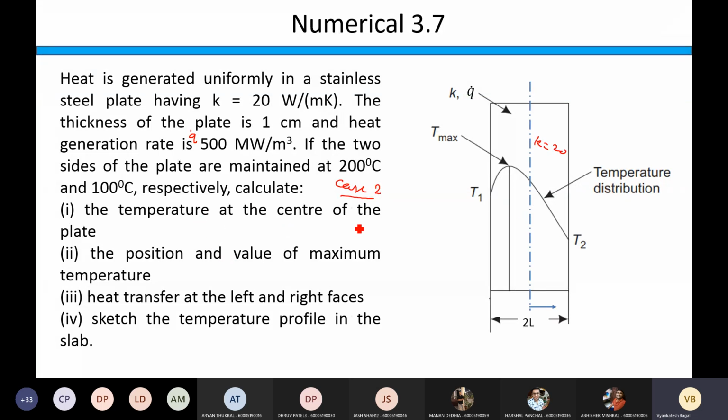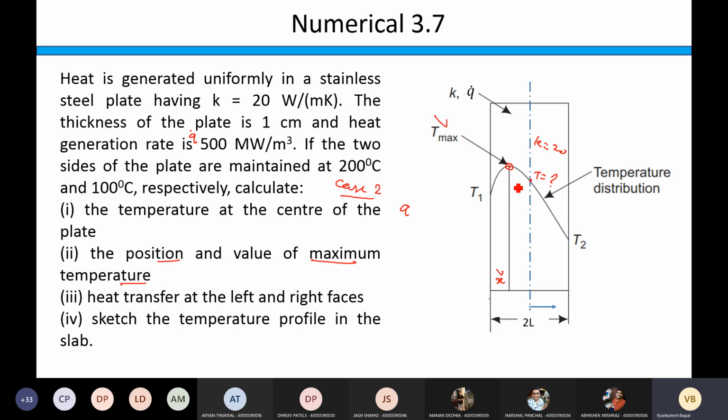Calculate the temperature at the center of the plate, and the position and value of maximum temperature. That means you have to find this X where T is T max. Both T max as well as X you have to find. Then, the heat transfer at the left and right faces, meaning what is this Q?